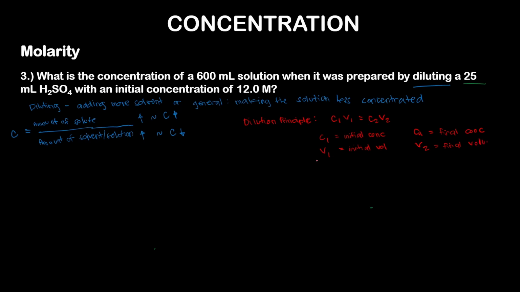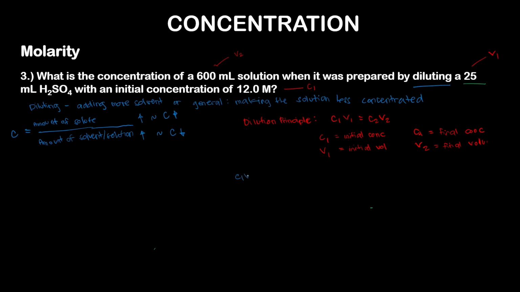So if we want to find C2, which is in this case, what is the concentration of a 600 ml solution? So 600 ml is our V2. And when it was prepared by diluting 25 ml H2SO4, you started from 25 ml, so this is V1, with an initial concentration of 12 molar. So this is C1. Now we know the V1, C1, and V2. We can calculate for the C2.